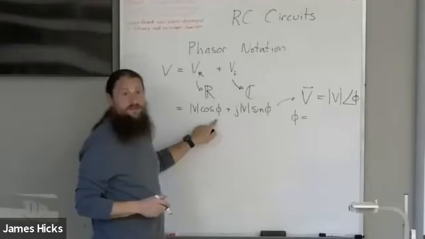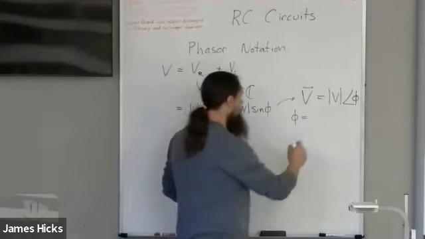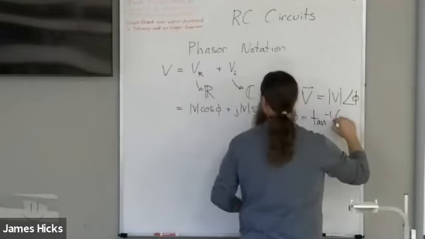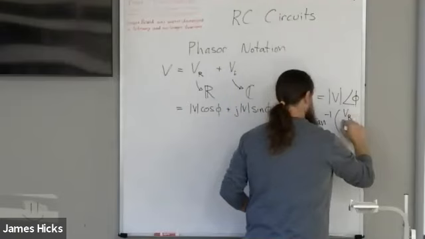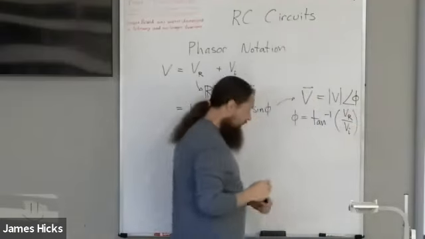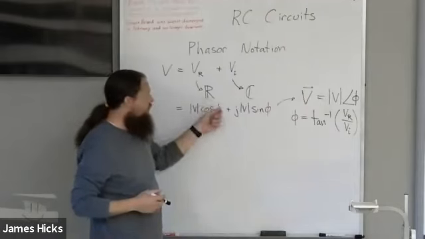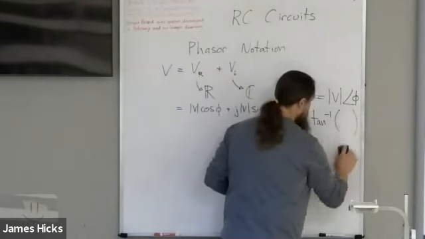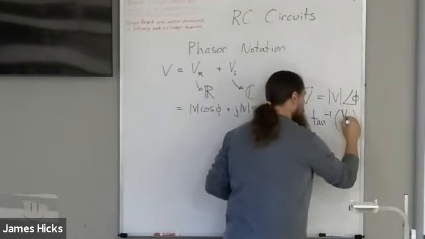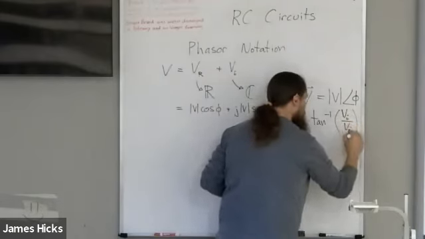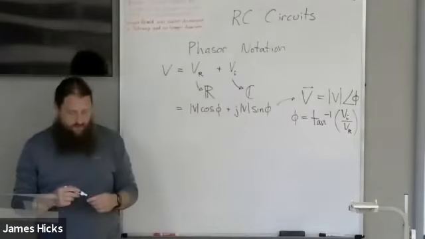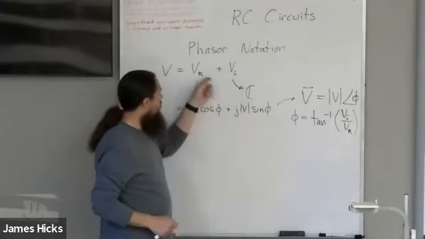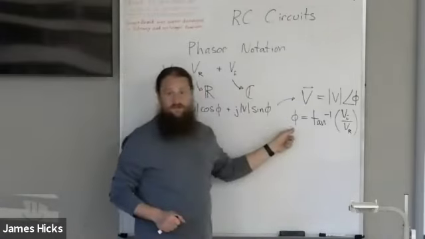If you want to figure out what this phase angle phi is, it's the inverse tangent of the imaginary component over the real component. So inverse tangent of Vi over Vr gives you that phase angle.